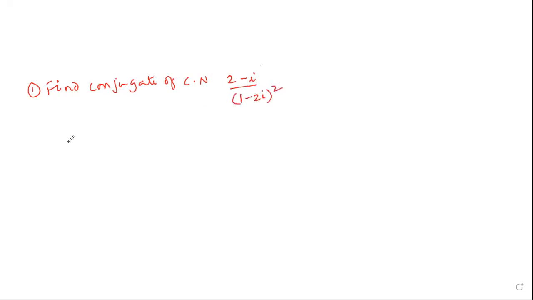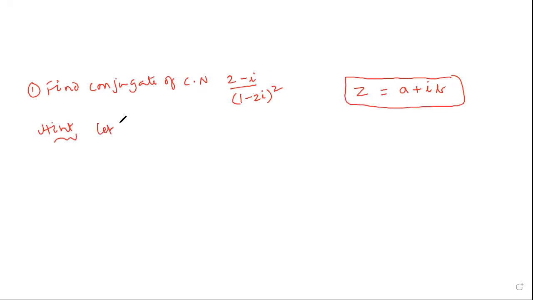First, any complex number must be written in the form of a plus ib. Then only we say that it is a complex number. Otherwise, it is not a complex number. First, let the given be Z: 2 minus i, and the denominator squaring gives 1 plus 4i square, minus 2ab, that is 4i.